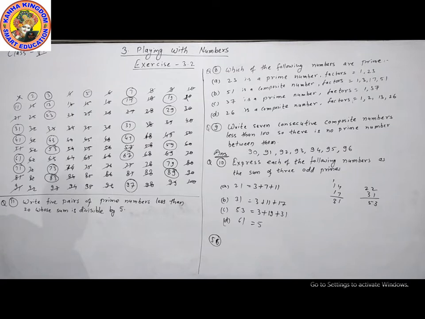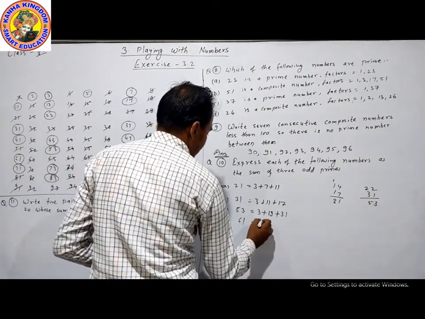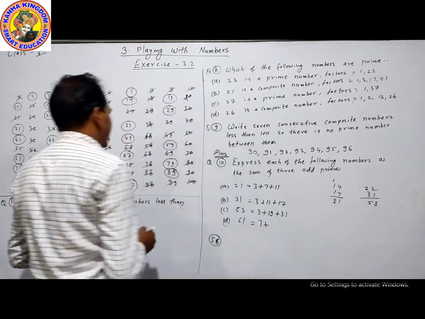By this only 46. This is 36. This is 66. No. By using 5 I cannot reach 61, so I take 7.